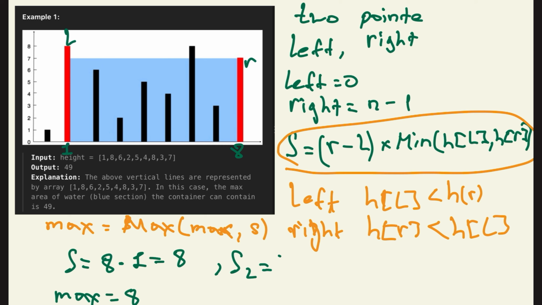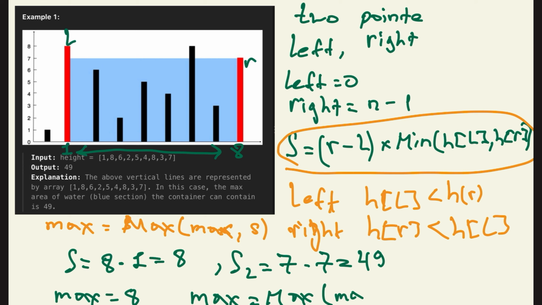The minimum is 7 and the distance between them is 7, and that will be equal to 49. So we store the maximum of my variable max and the area, so it will be 49.